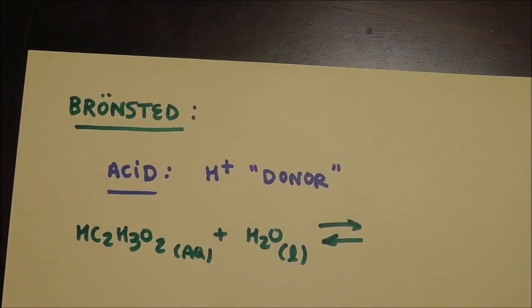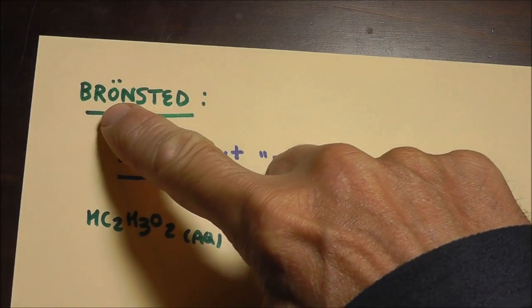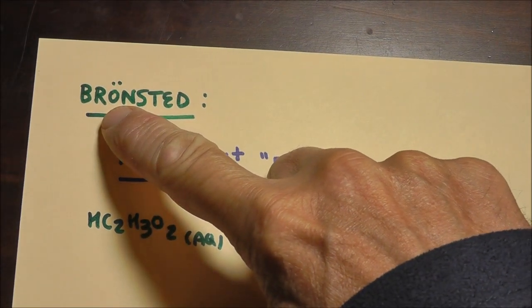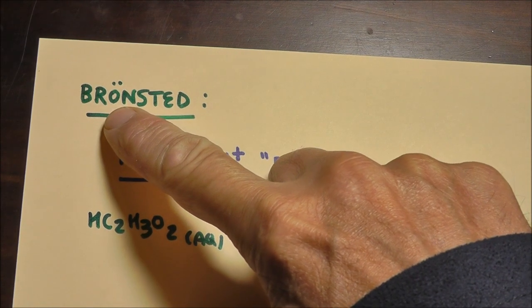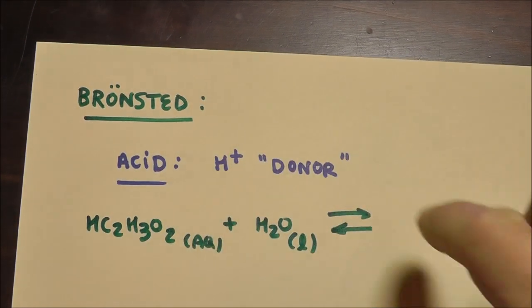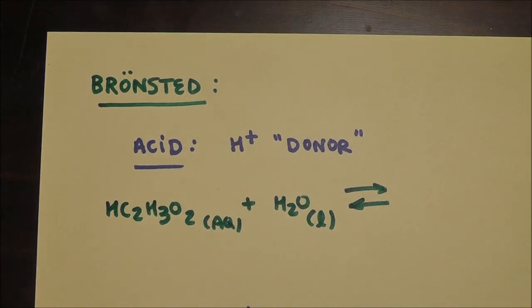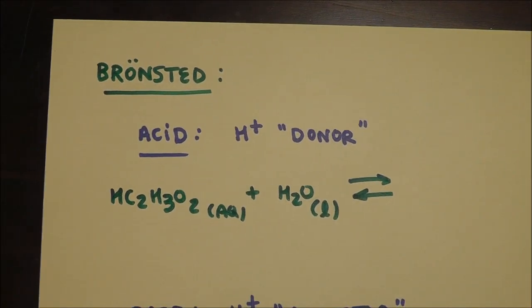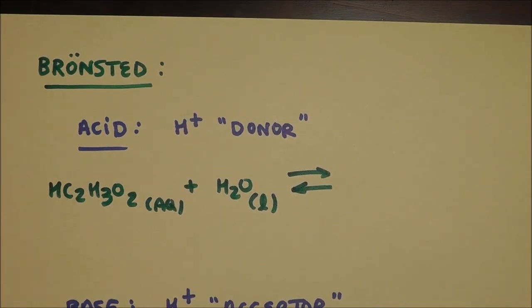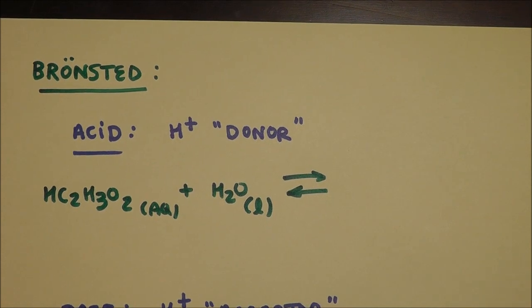So we have now, that is an umlaut, and someone told me that that's an ooh noise. So this is the Brønsted definition. Brønsted. Sounds like something from Hogan's Heroes or something. So anyhow, what you got going on here is a different way to look at it.